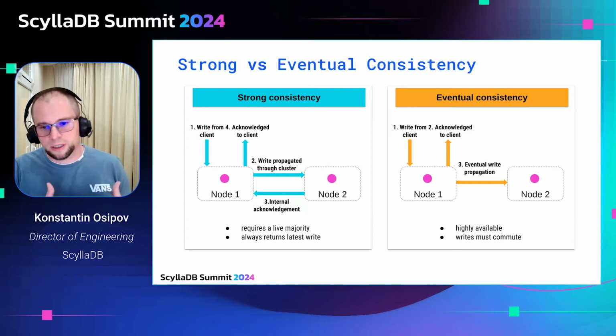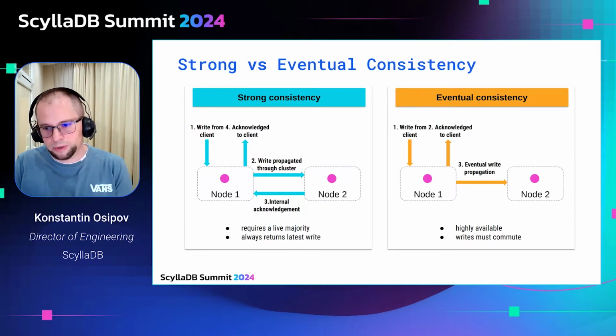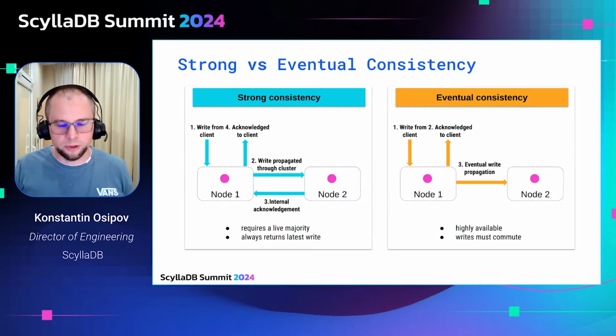Another difference is that eventually consistent systems are allowed to operate when some part of the cluster is not available, while strongly consistent systems, since they need to reconcile the data first, need to have the majority of the nodes in the cluster available to execute the operation.